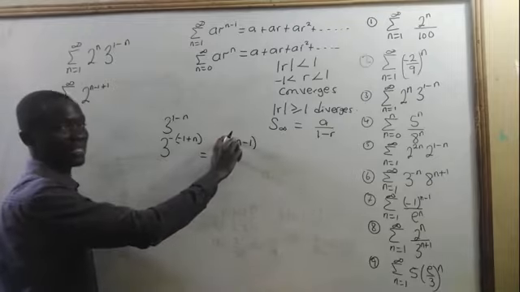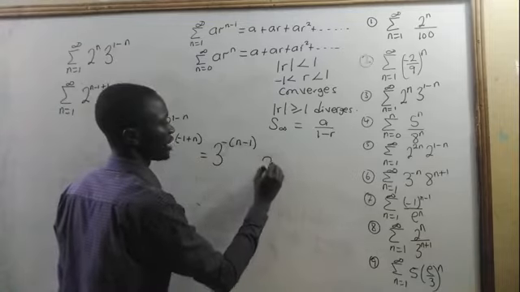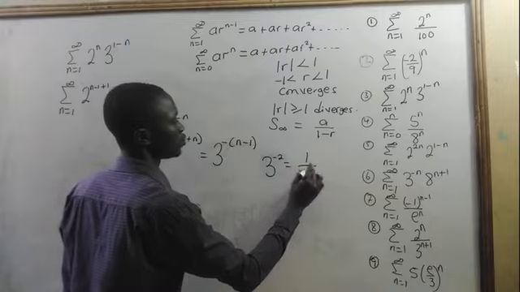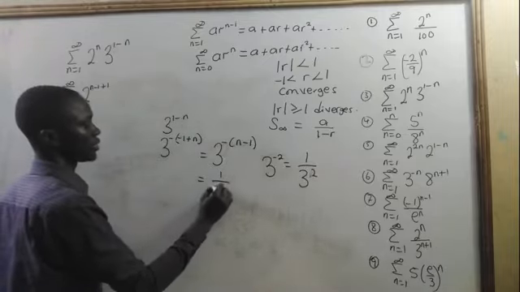And from the properties of indices, 3 exponent negative 2 is the same as 1 on 3 exponent 2. So this one is the same as 1 on 3 exponent n minus 1.